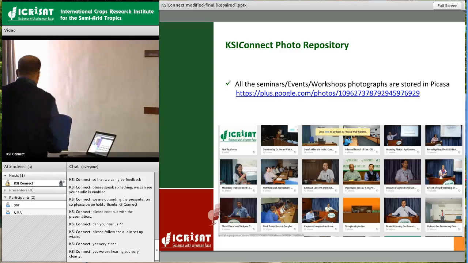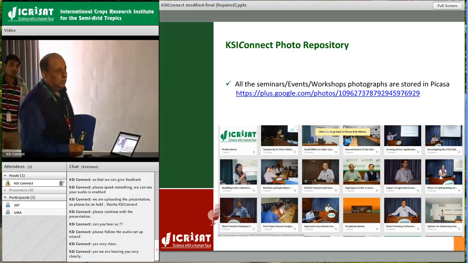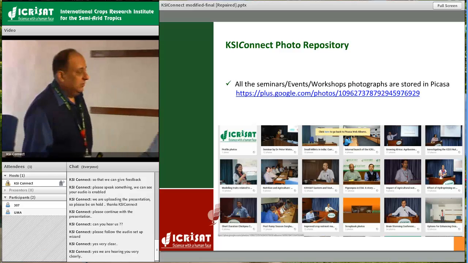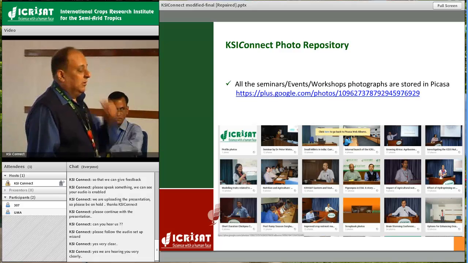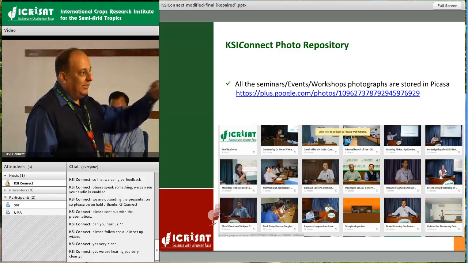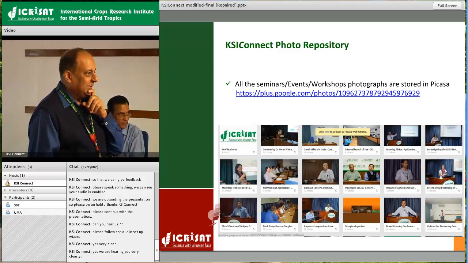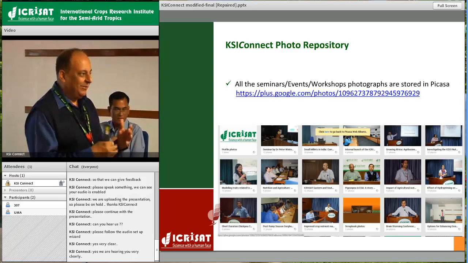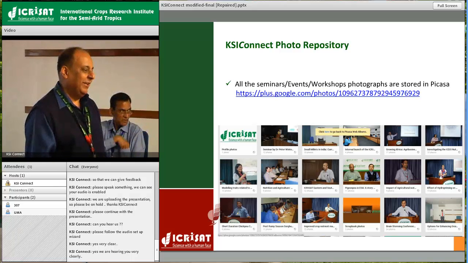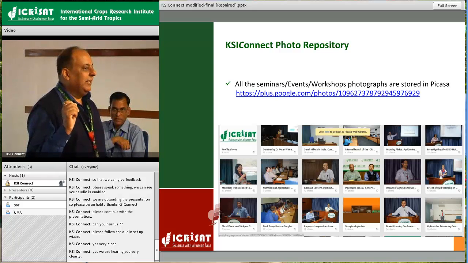Do we need to install any other extra software to use this on our desktop, or does it work in the browser? You need Flash. All the details, Venkatesh Sharma will provide next. Please note it down. It will be a good input for you when you start. It doesn't need any other software.